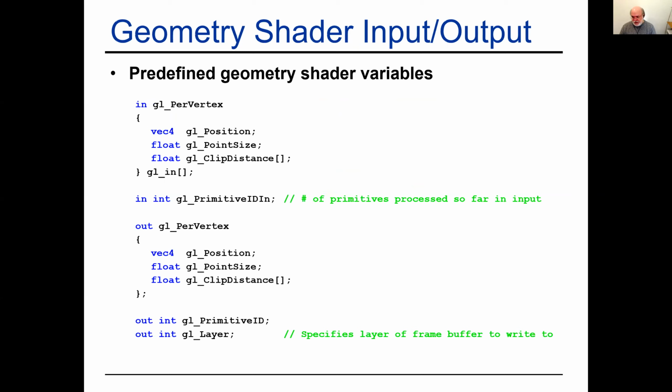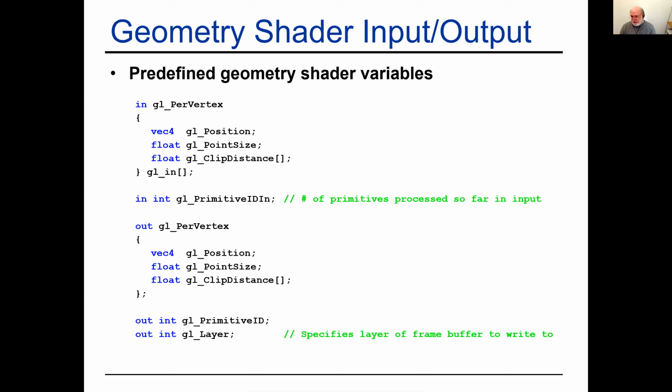So geometry shaders get, as the first structure here, an array of input, for each of the vertices that is part of the primitive, and each one consists of exactly the data we just defined, but an array of this, because you get 3 for a triangle, of course.